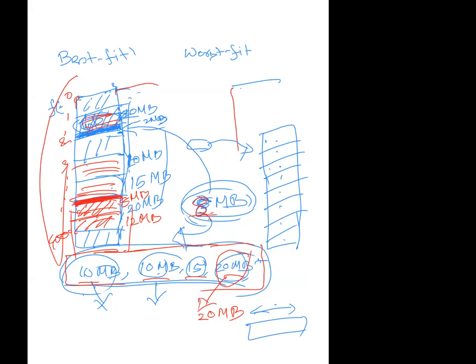The algorithm that is able to accommodate all of these processes inside the RAM is the best one. The algorithm which can fit the maximum number of processes inside the RAM is the best one. This is how we evaluate which algorithm is the best.